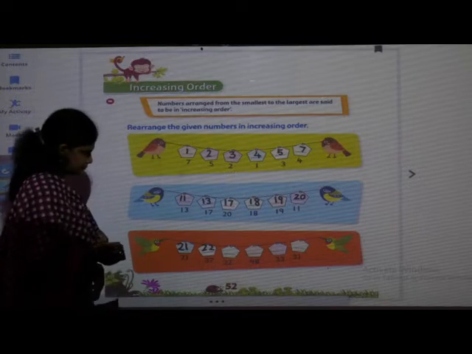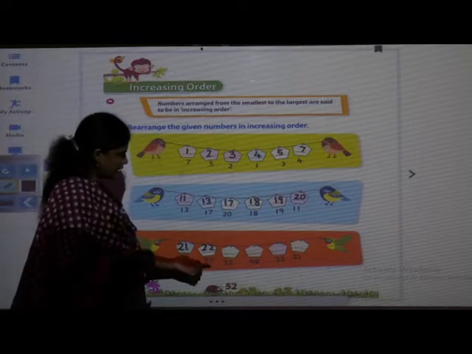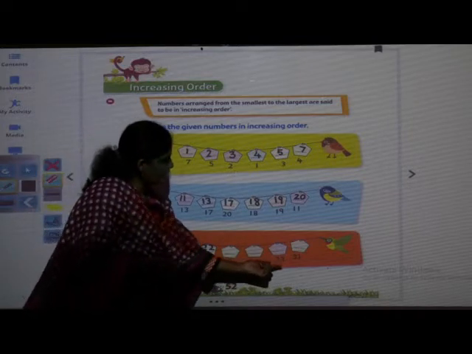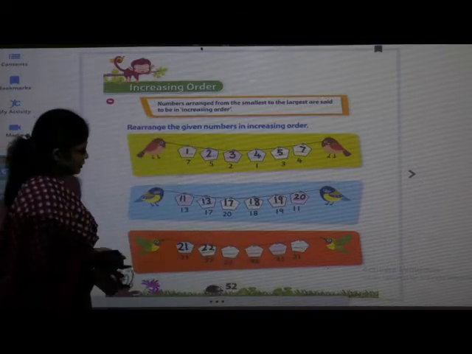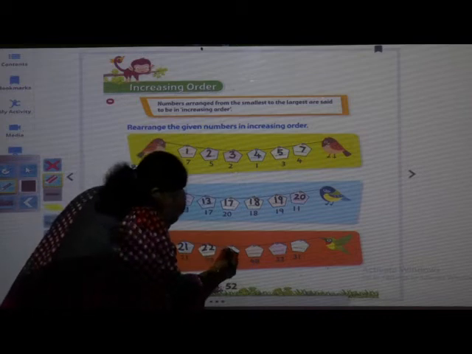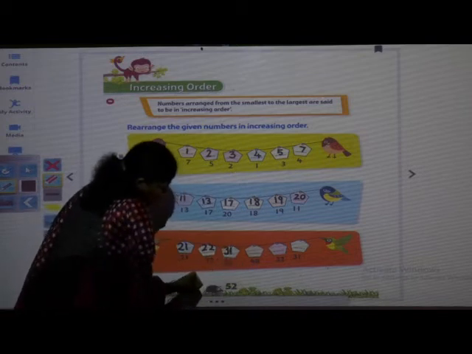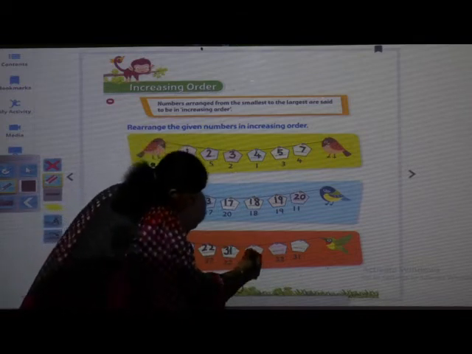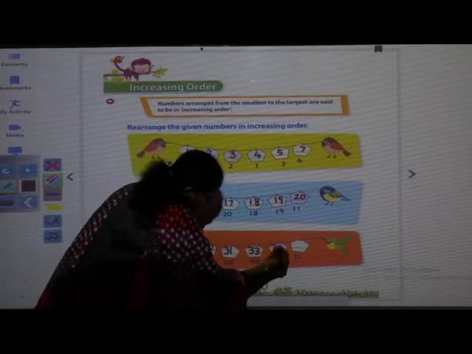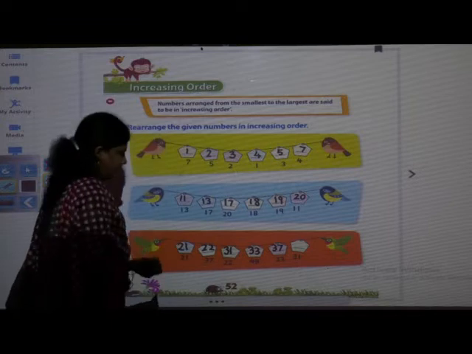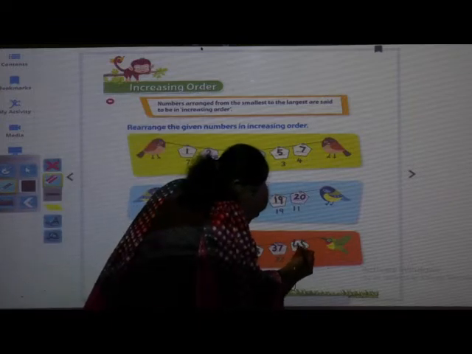After that, see here now, 37, 48, 33 and 31. So what we have to do? We have to write here 31. Then 33. Then 37. Then 48. Got it?